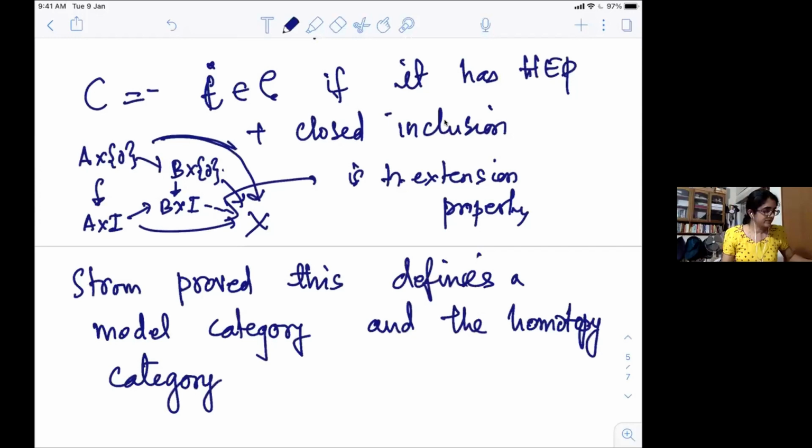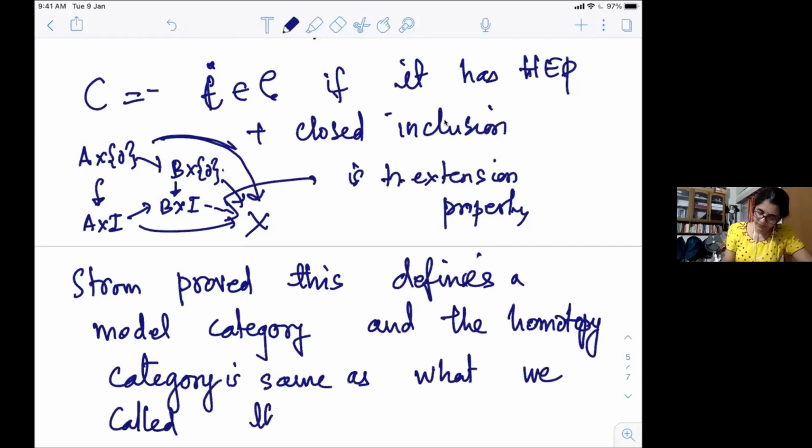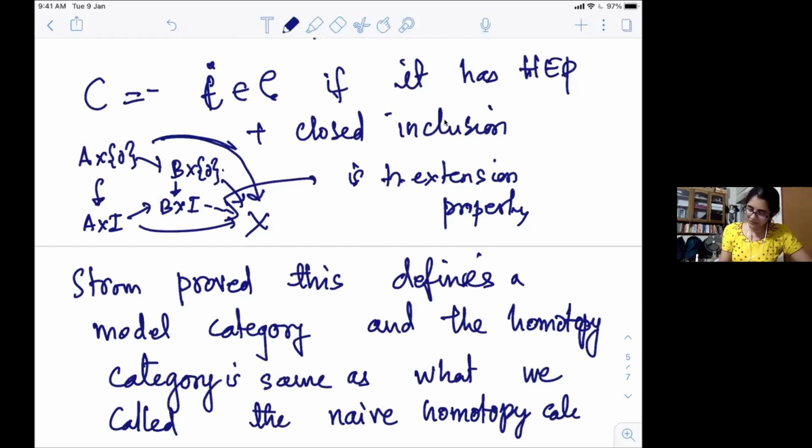Okay, this is the same as the naive homotopy category. Okay, I think I can go maybe a little faster now.